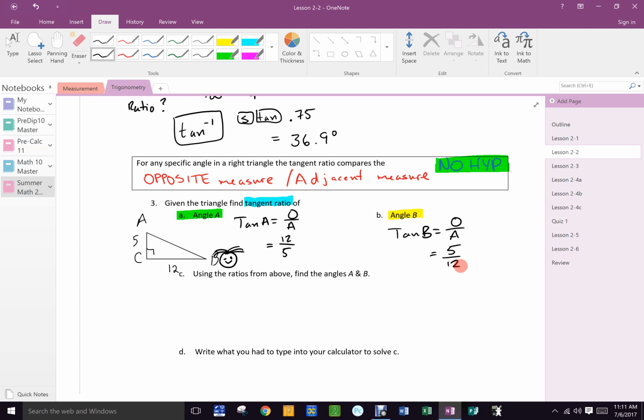Here's how to do it all in one step. If you have a forward calculator, since we're looking for an angle, is it tan or shift tan? Shift tan. If you have a forward calculator, you are going to punch shift, tan, bracket, 5 divided by 12. Will that find me angle A or angle B?